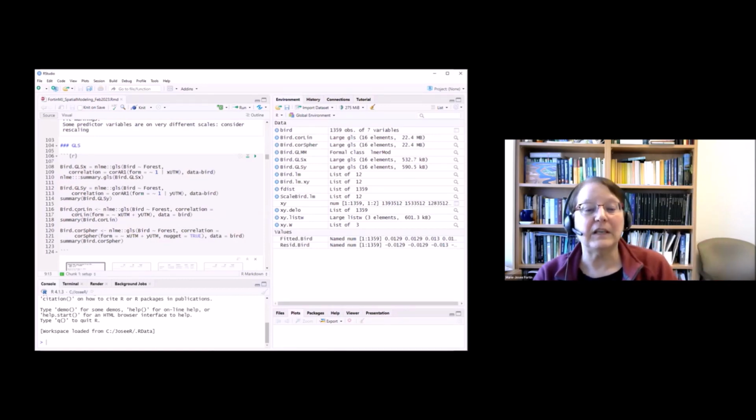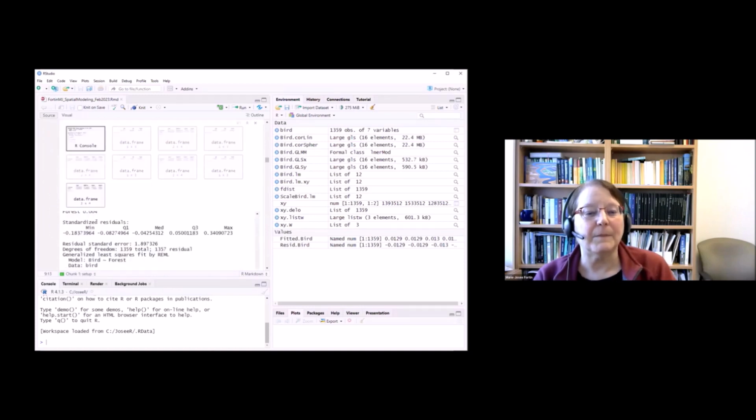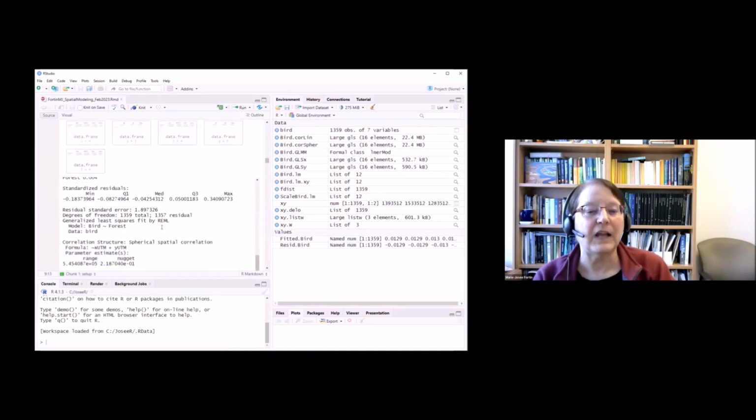Then I'm using a linear correlogram and a spherical correlogram. Just to let you know, those 2, especially the spherical one, take quite a bit of time to compute. So don't disappear. It will work, but it takes quite a bit of time. So then you have those different models and values.